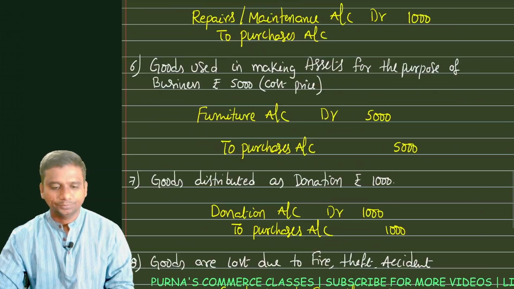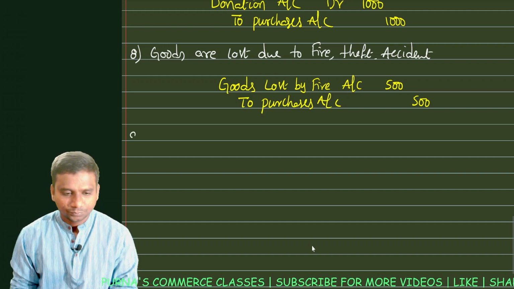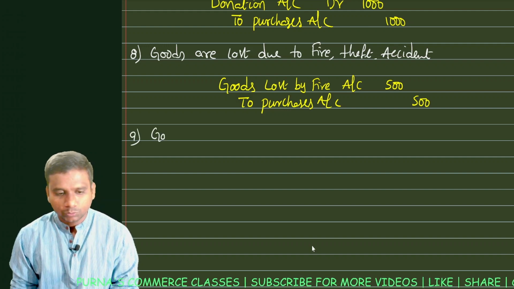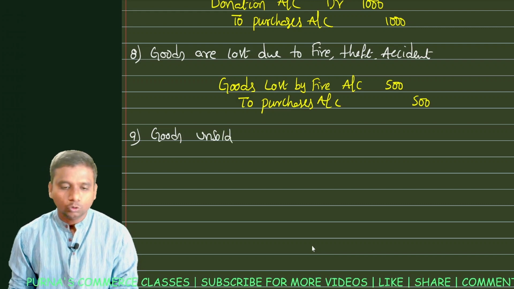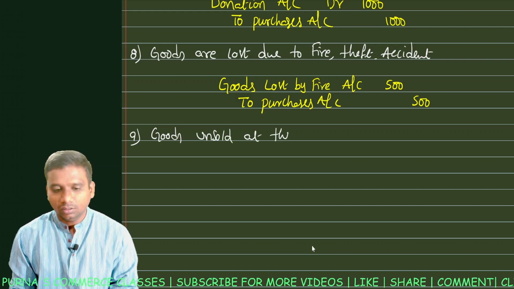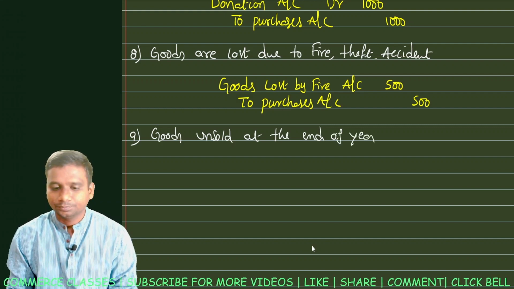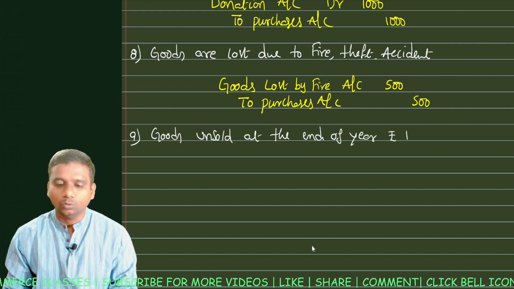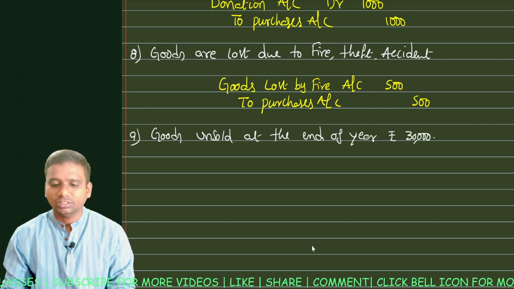Next look at goods unsold at the end of the year. Let us assume we have some 30,000 worth of goods. These are just for assumption.